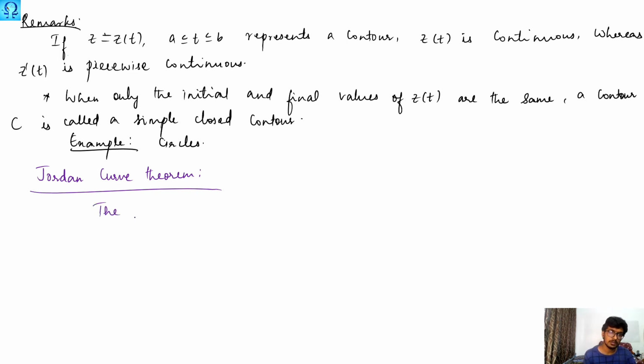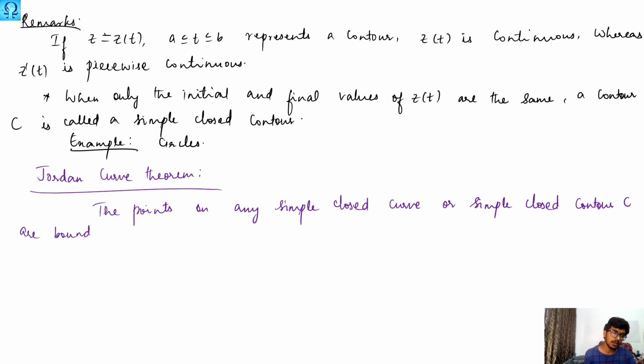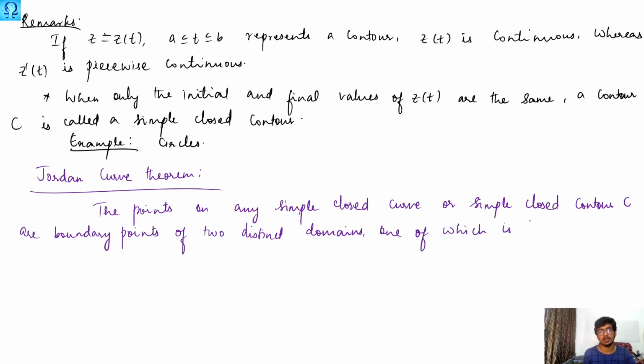The points on any simple closed curve, or they may also be called a simple closed contour C, are boundary points of two distinct domains, one of which is the interior of C and is bounded.